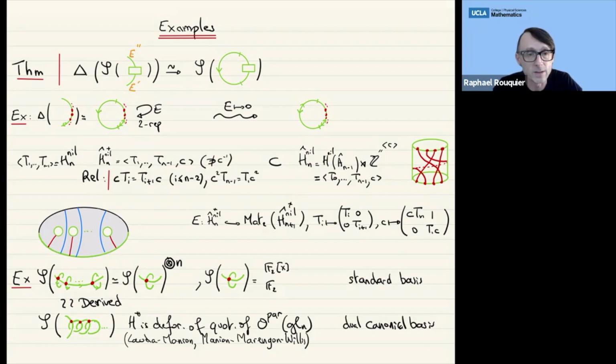And what Lauda and Manion showed is that this algebra is actually a deformation of some algebra that comes in Lie theory. In some sense, it's an equivalent version of what you would find in Lie theory from a parabolic category O for GLn. This has to do geometrically with certain Springer fibers instead of the full T star G mod P, the full cotangent bundle of a flag variety.